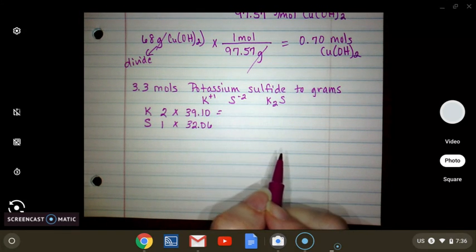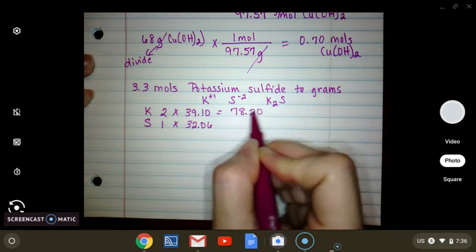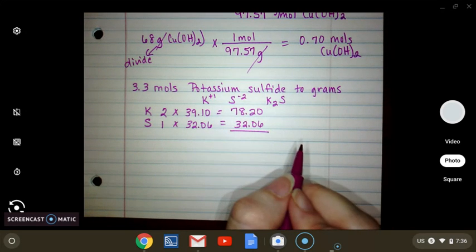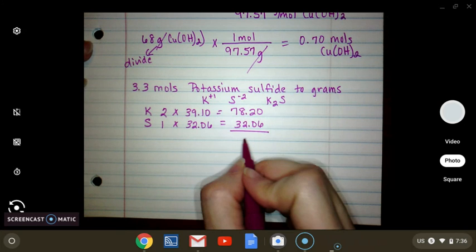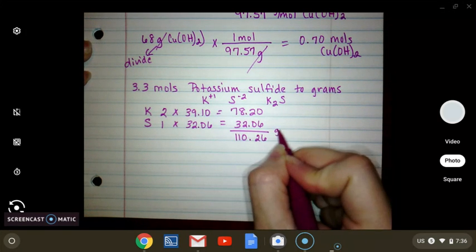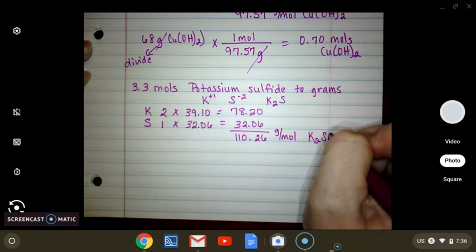And then you're going to multiply it out. Just 78.20, 32.06, which gives you 110.26 grams per mole K2S.